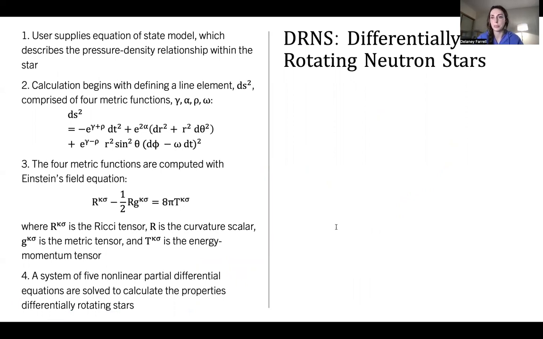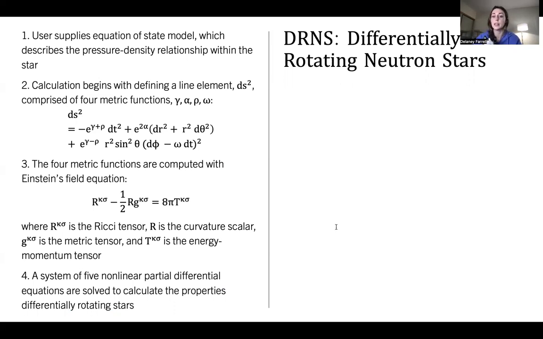The calculation boils down to solving the metric functions using Einstein's field equation. It's a lot of complex physics, but it reduces to a system of 5 nonlinear partial differential equations that are solved in an iterative scheme on a 2D grid, radial axis by polar axis within the star.